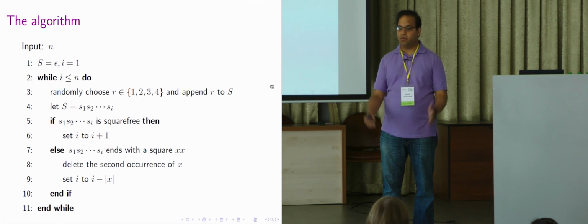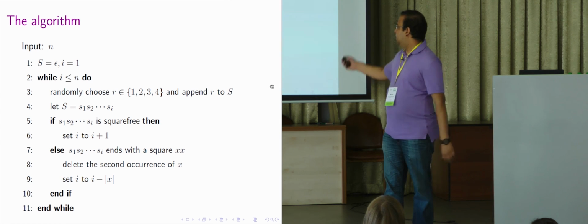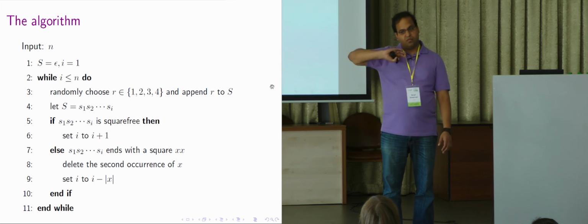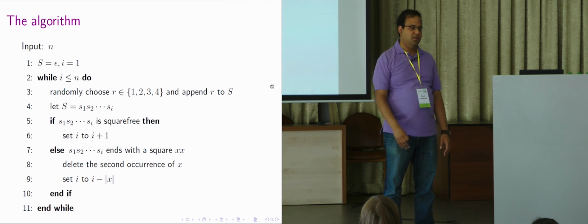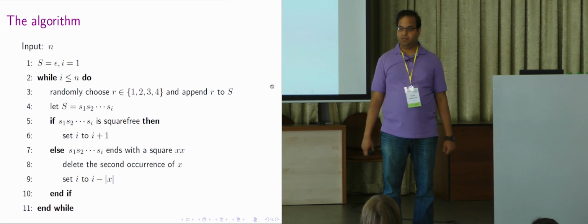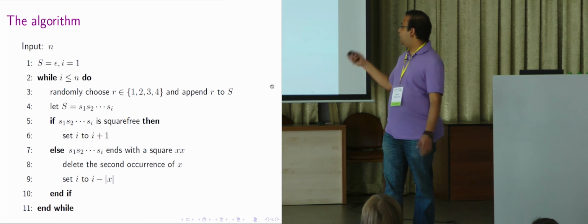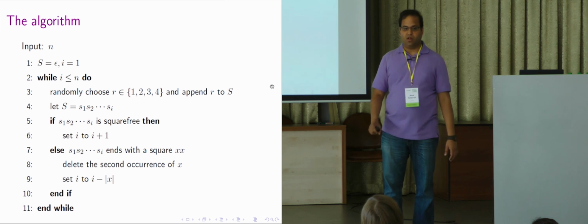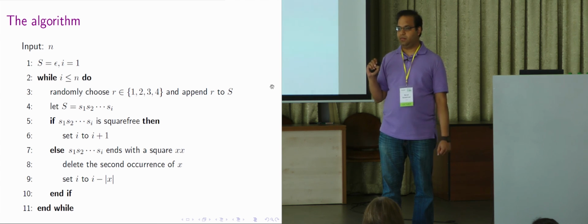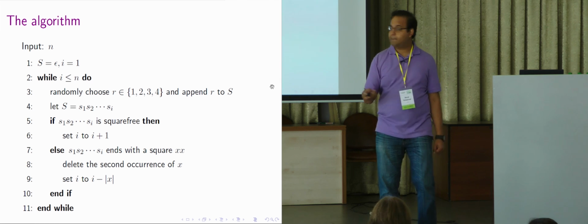If we want to produce a square-free word of length n, it's enough to just run this algorithm for long enough, and with positive probability, it will produce a square-free word of length n. So that's what we have to try to prove: that for every n, if we run this algorithm for long enough, with positive probability, it produces a square-free word of length n.